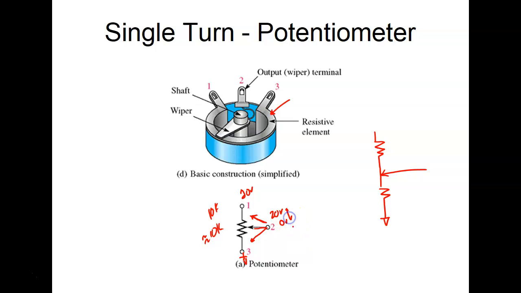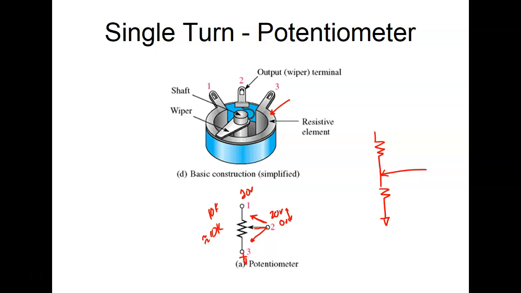And if I was accurate enough and the pot had a good resolution, I could literally get an infinite number of voltages between 0 and 20. It's impossible for us to set it at exactly 12 volts. So these are variable voltage dividers.